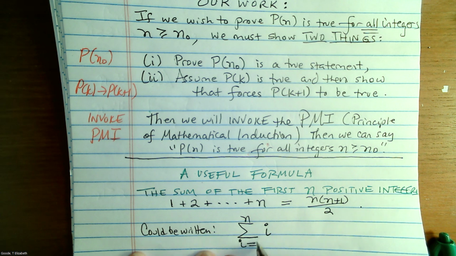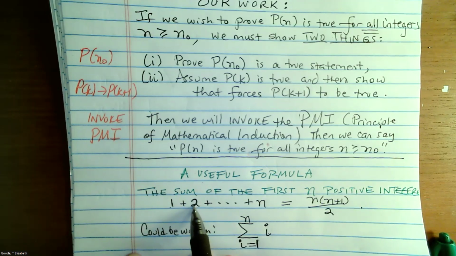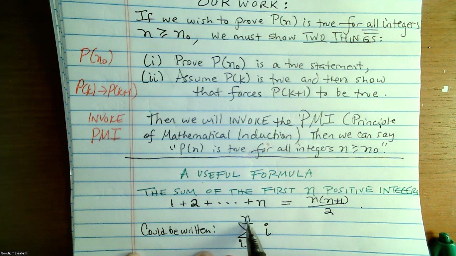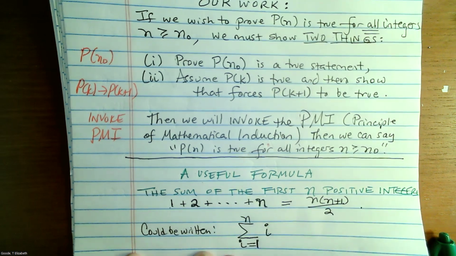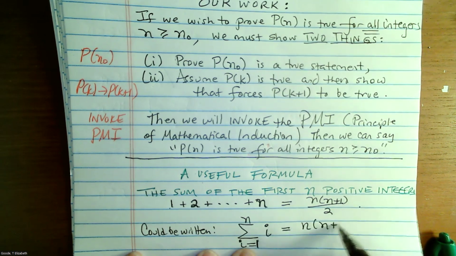When i is 1, you get the 1. Then i increments to 2, so plus 2. Keep incrementing, plus, plus, plus, and then finally i takes on the value n, excuse me. And so n is that last term in that sum. So this is given by this formula, n times n plus 1 over 2.